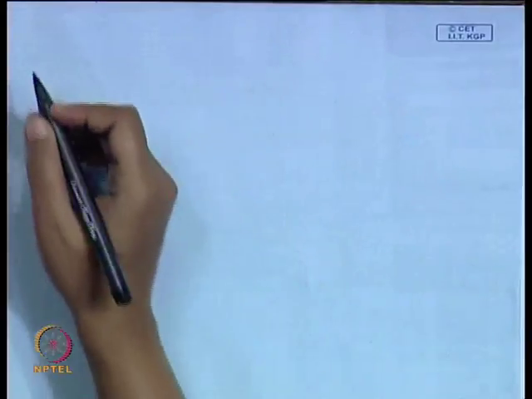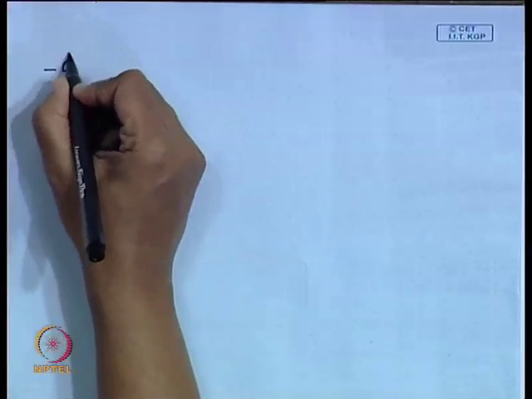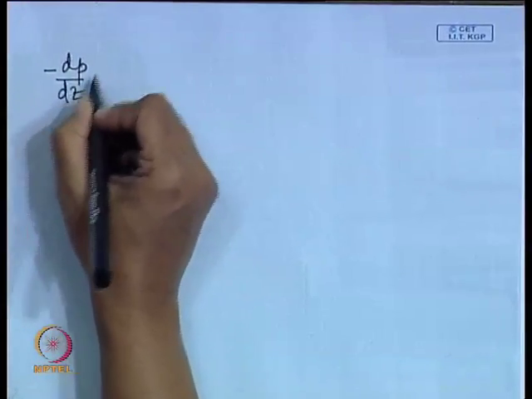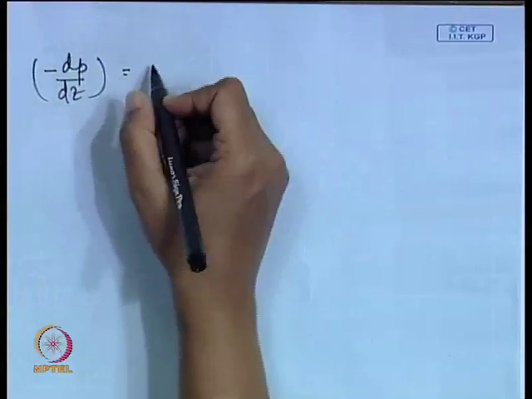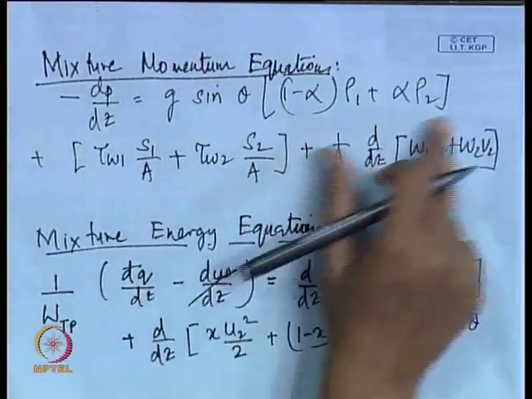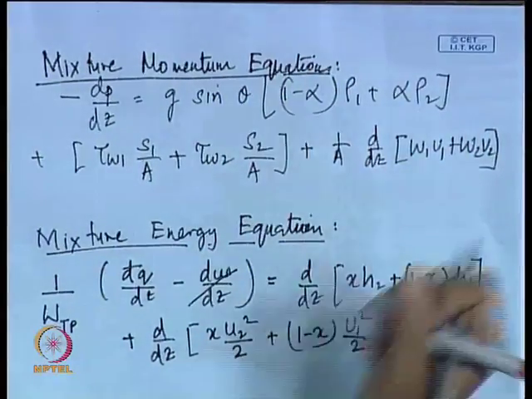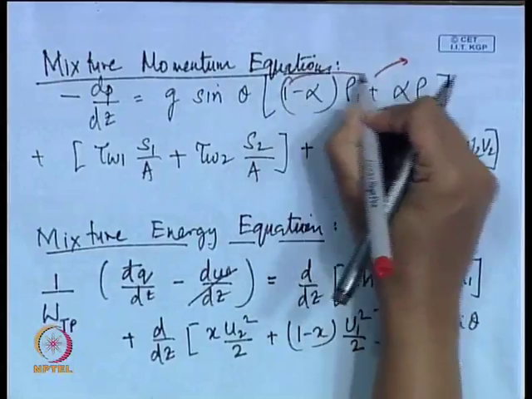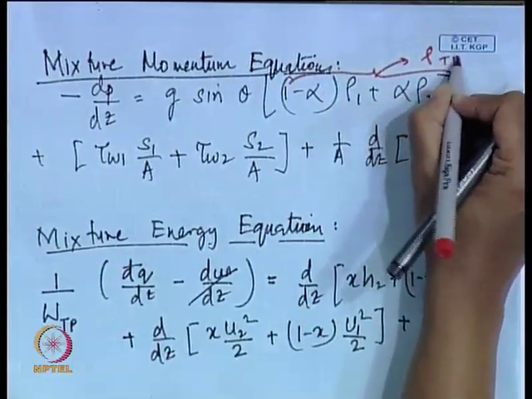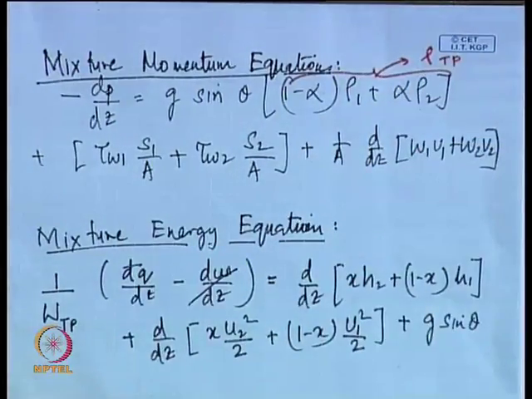On substituting, we get minus dp dz equal to the first term, g sin theta into this whole thing, 1 minus alpha rho 1 plus alpha rho 2, which is nothing but rho T p.